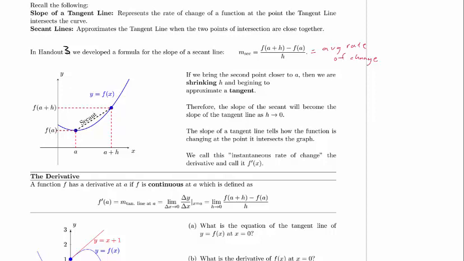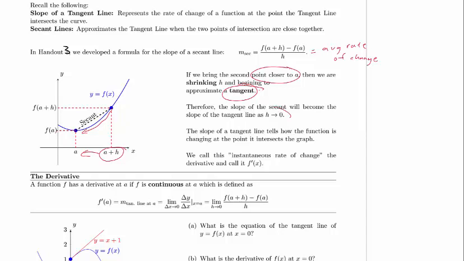And so note that if we were to bring the second point closer to A, so that'd be this point, we're saying if we bring this point closer to A, we are approaching a tangent line, because then this point would be coming in closer and closer like that. That's when the secant line starts to approximate the tangent line. And so we're actually going to apply a limit, right? We know we've been talking a lot about limits, and this is why we talk a lot about limits.